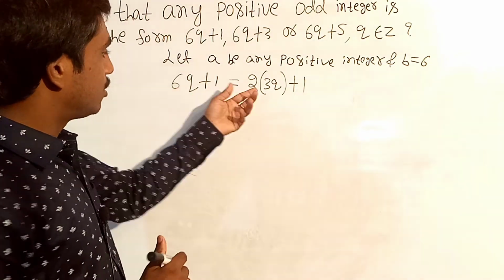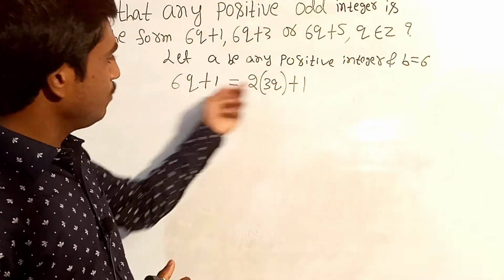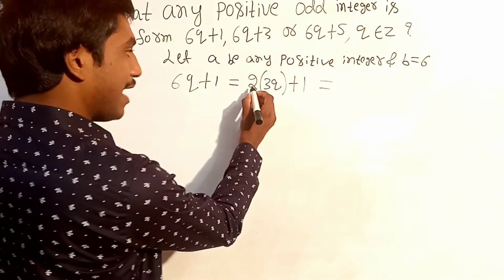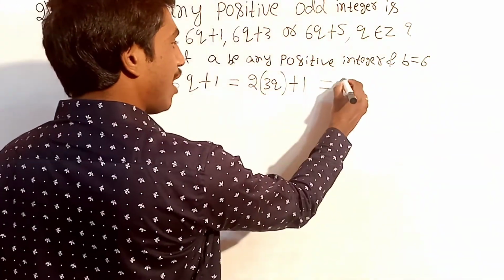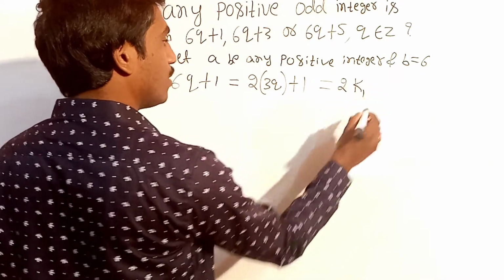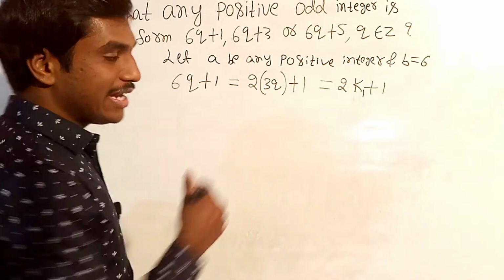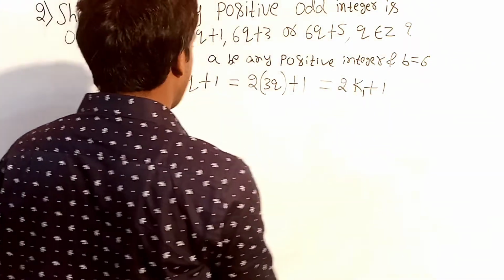If you multiply 2 into 3q, you get 6q, so it is the same. So I will write 3q as k1, so this is 2k1 plus 1, where k1 is an integer here.